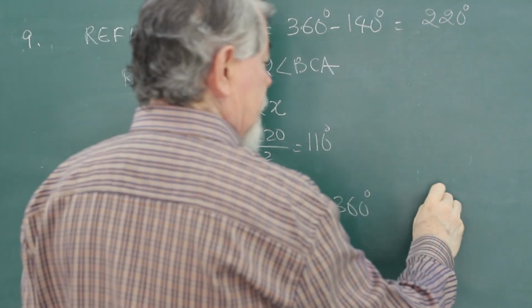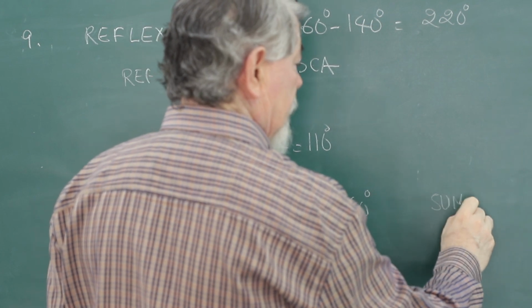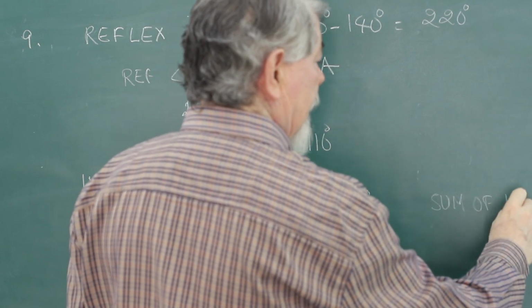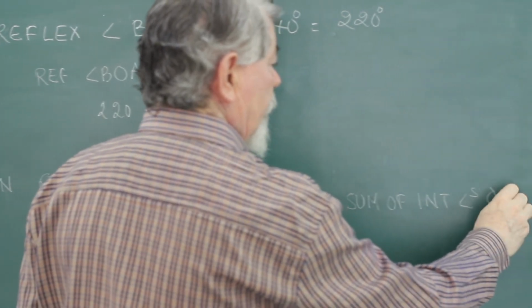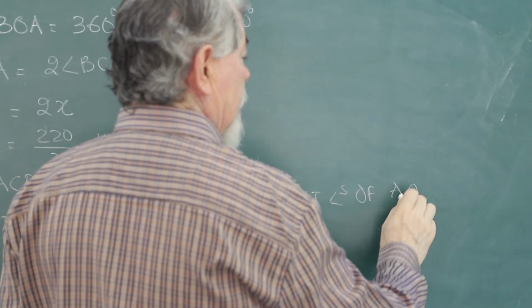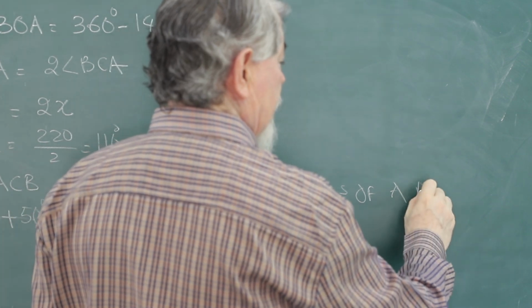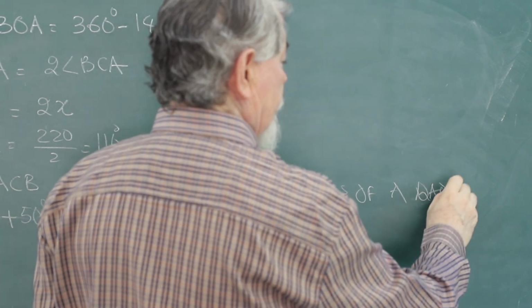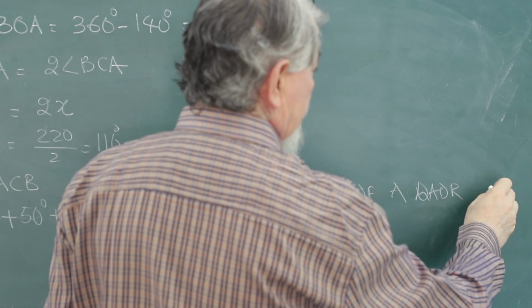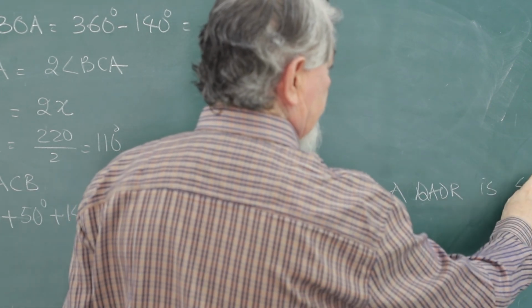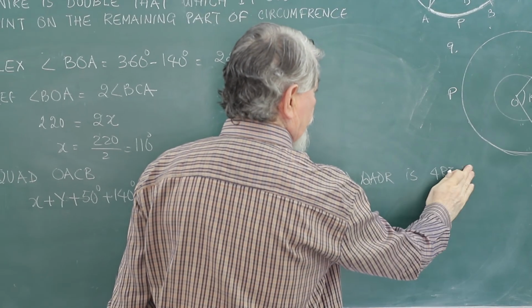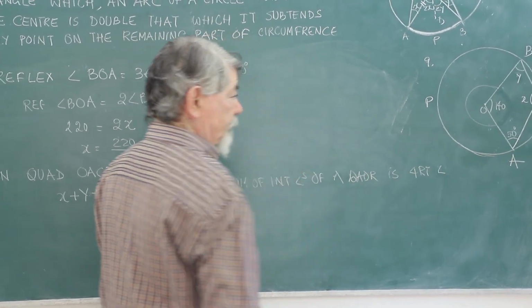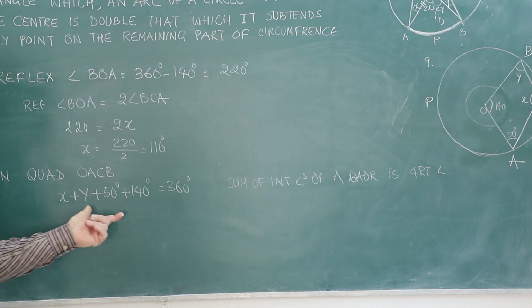The sum of interior angles of a quadrilateral is 4 right angles, so this is 360 degrees.